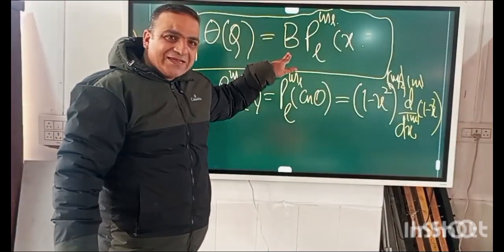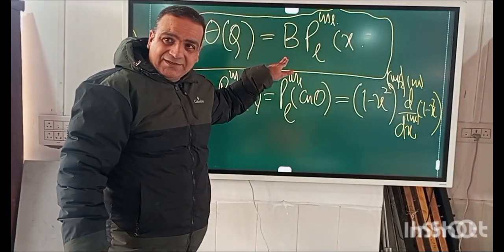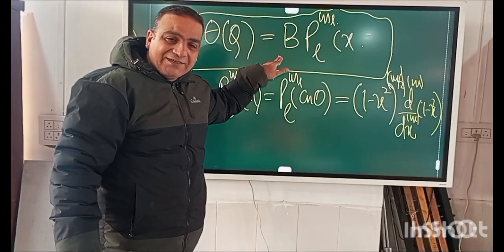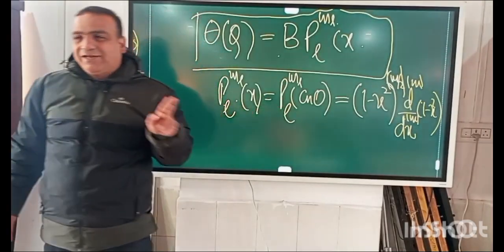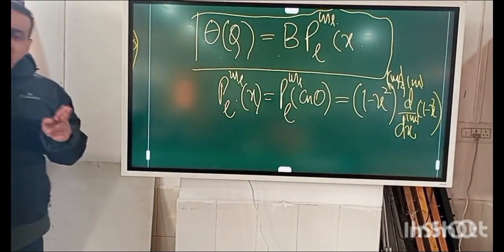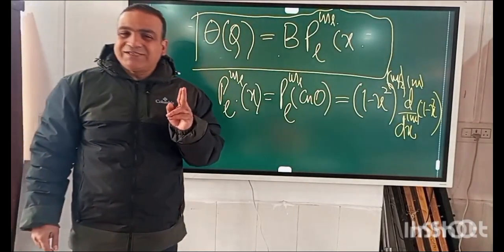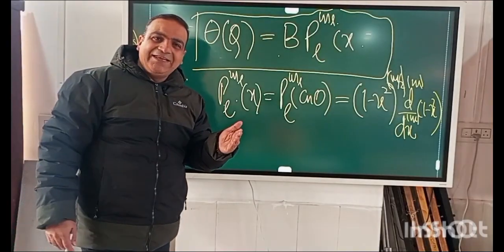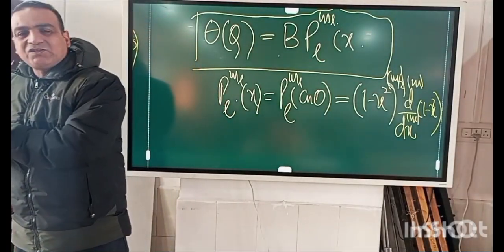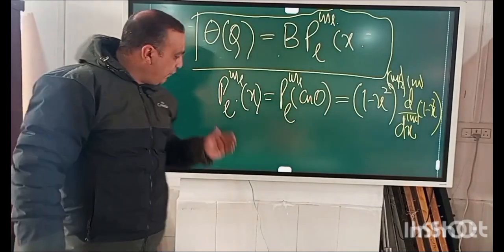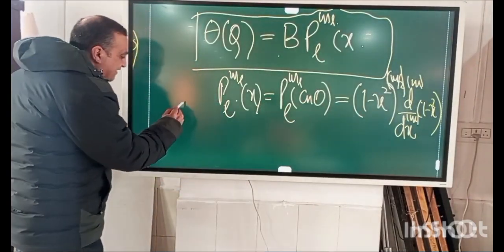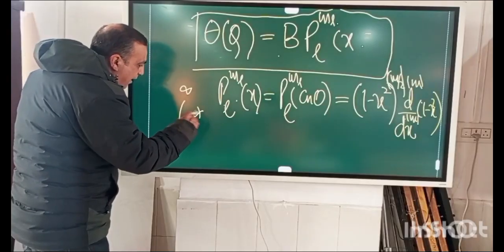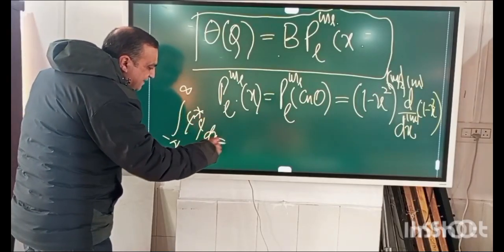And what is this B? This B is a normalization constant, and we can calculate it using the condition of normalization. Now if you look back into the equation that we started with, this equation has cos θ and sin θ in it, and the value of cos θ ranges from -1 to +1. Generally for normalization we write the integral from minus infinity to infinity of ψ star ψ dx equal to 1.